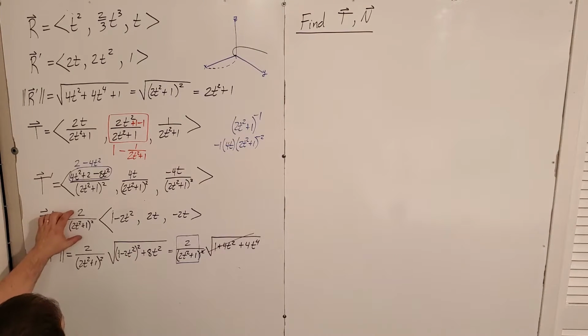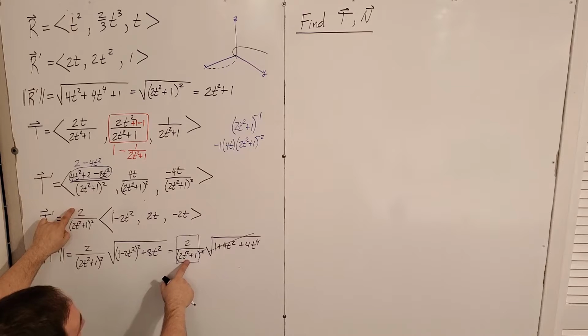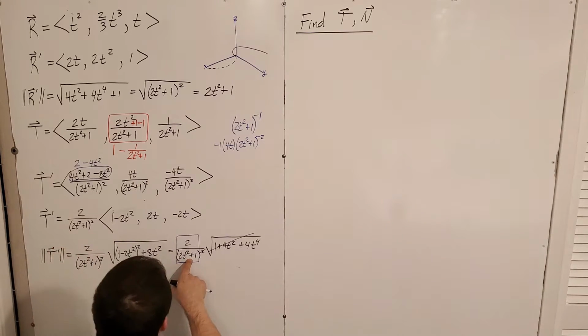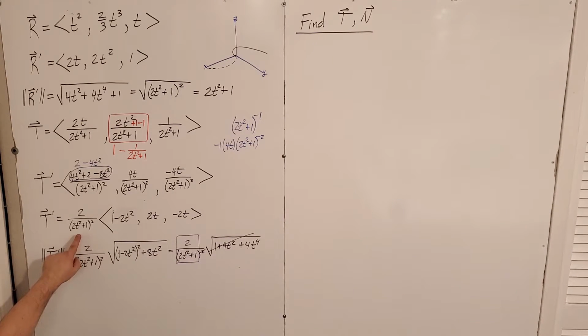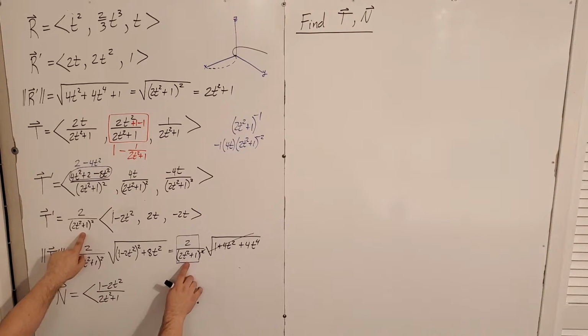Well, I've already got it factored out here nice and simple for me. If I'm going to divide by 2, it's going to wipe out that 2. And if I'm going to divide by just a single 2t squared plus 1, it's going to take away one of those as well. So what does that mean? It means that for the n vector, I'm just going to have 1 minus 2t squared over a single 2t squared plus 1, because one of them wiped out when I divided by the length.